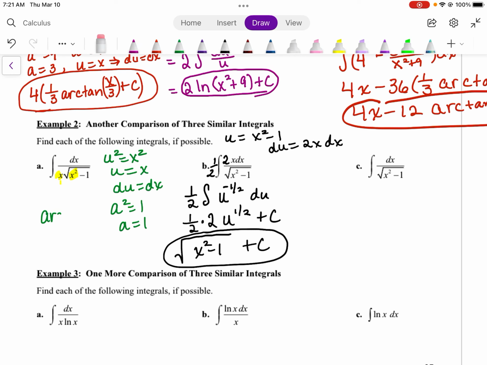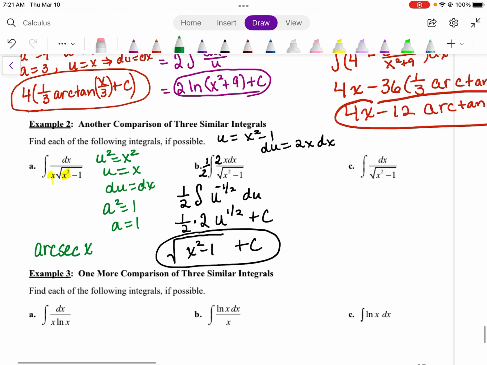Arcsecant, I need to make some more space. Okay, let me just start that over. 1 over 1 is 1, so 1 arcsecant. And then u over a, u is x over 1, and then that is in absolute value bars, plus c. We want to keep our angle positive for that.